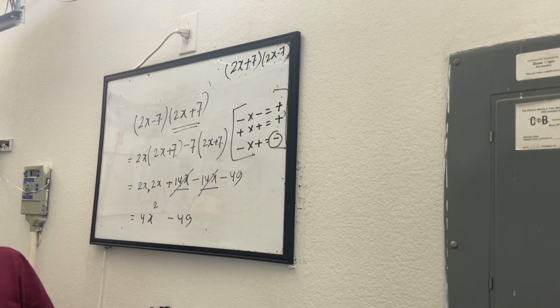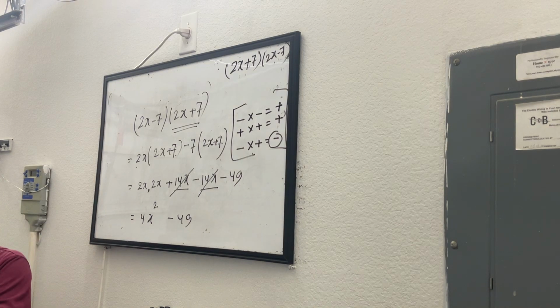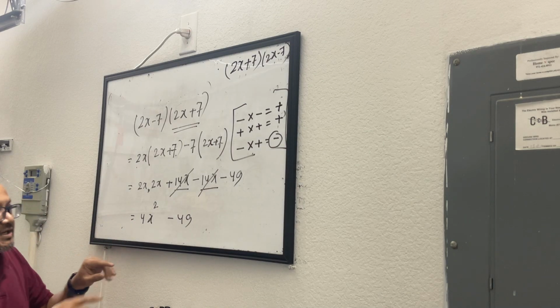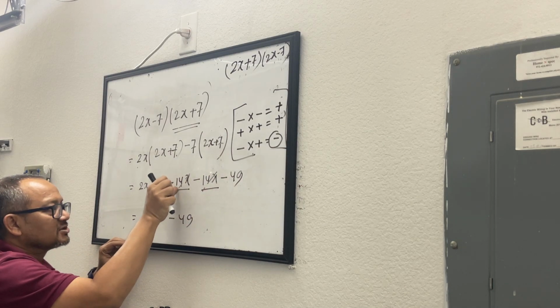So, why are we crossing out 14x, because it's a positive and a negative? Yeah, that's the thing. See, there are two things. These are like terms.